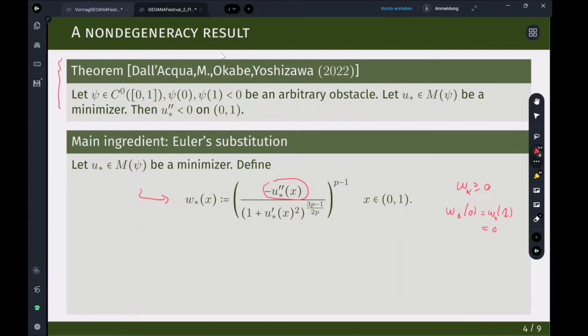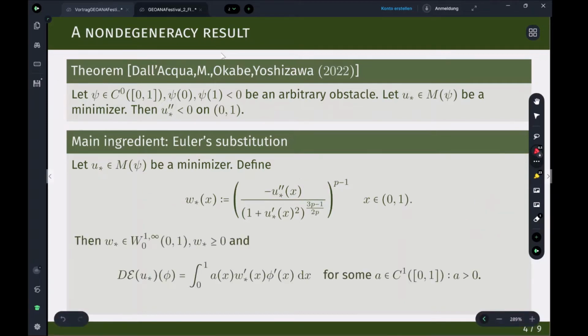So this is the quantity we study there, and this quantity will hopefully tell us something about the behavior of u star. At this point this is not clear, because it is only a second order quantity that might tell us something about u star double prime, so we'll see.